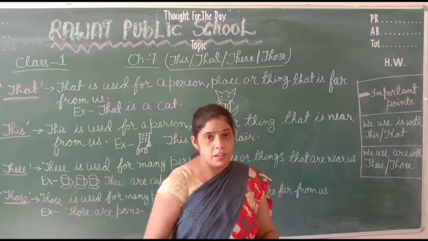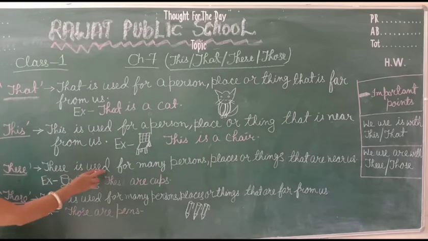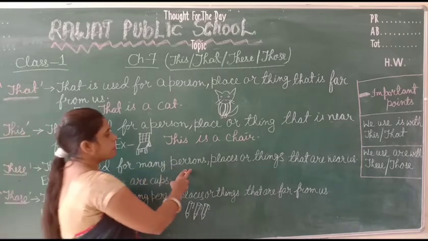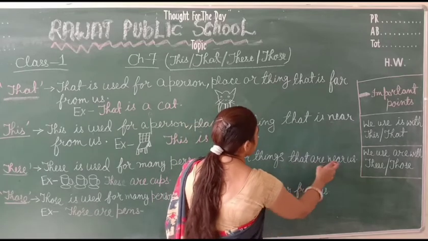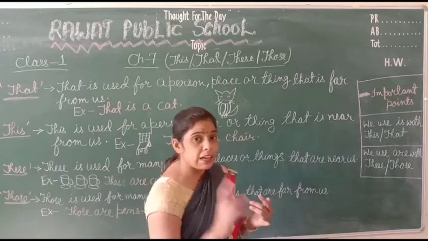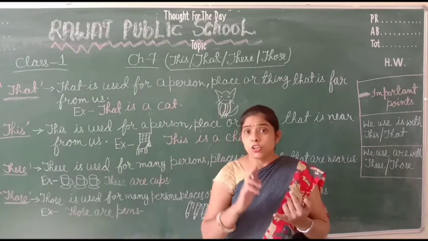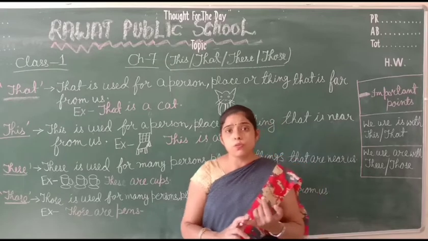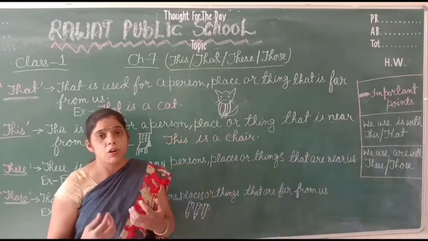Okay, clear. Now, using of these. These is used for many persons, places or things that are near us. Look students, this and these both are used for near persons, places, things or animals.